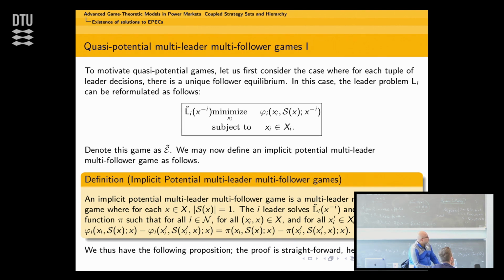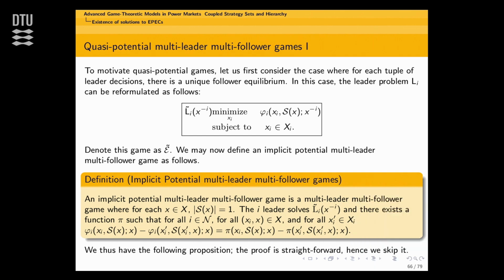Now, you can come up with what is called an implicit potential multi-leader, multi-follower game. In an implicit potential multi-leader, multi-follower game, the ith leader solves this, and there exists a function such that for all x prime this holds. So now the question is, does a potential function hold?